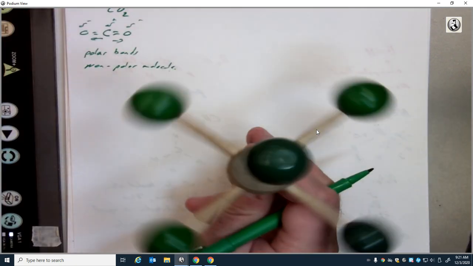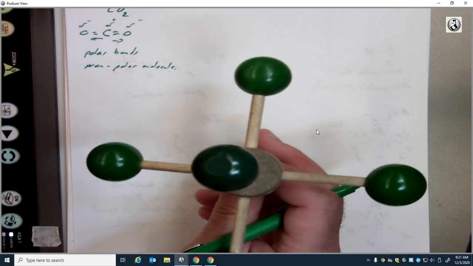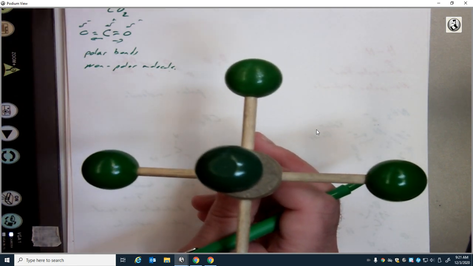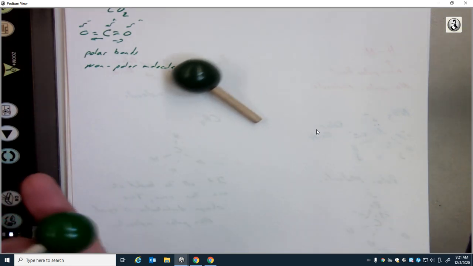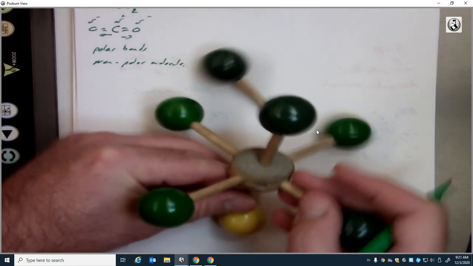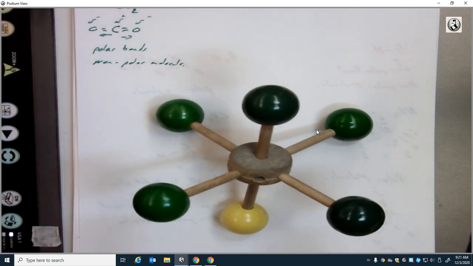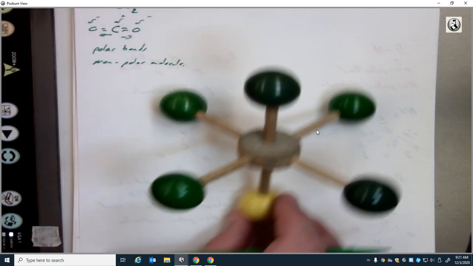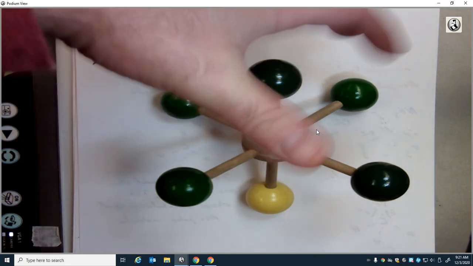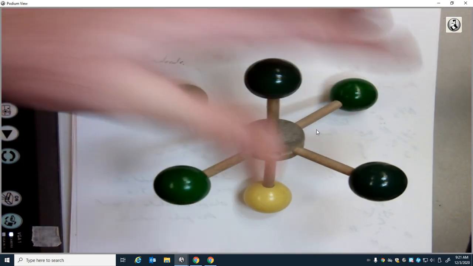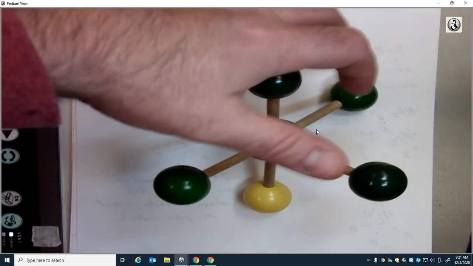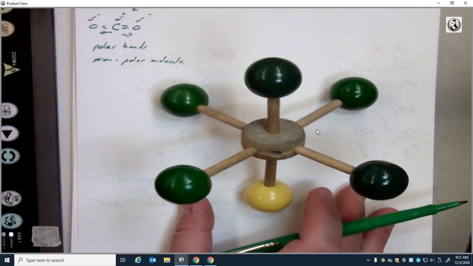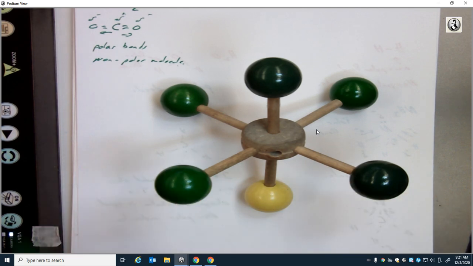So the octahedral itself is going to be nonpolar. Well, what if I change one of these? What if I take this guy off and put this guy on? So now I've become asymmetric. In this case, the electrons are going to be pulled towards this fluorine side, okay, and away from this hydrogen. So this fluorine side over here is going to have a negative charge. This hydrogen side is going to have a positive charge. So we end up with a polar molecule.